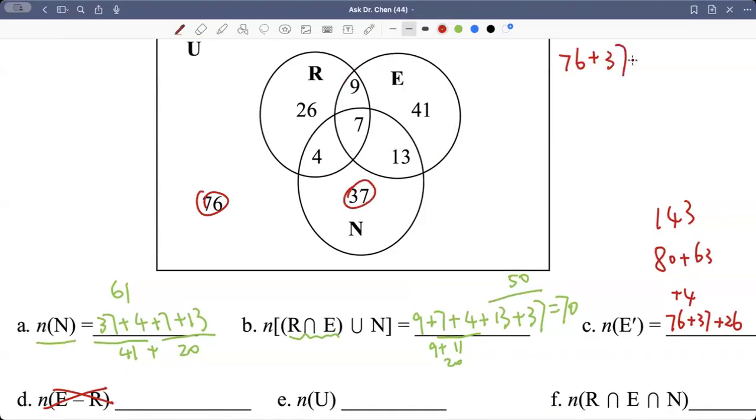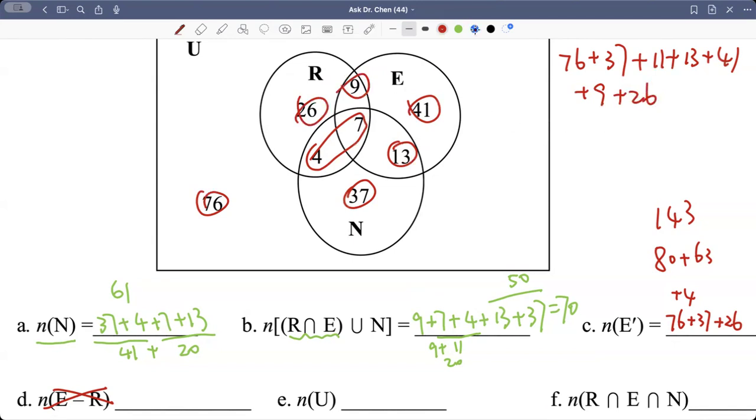So we mark the ones we already added. Plus 4 plus 7 plus 11 plus 13 plus 41 plus 9 plus 26. Right, all the numbers.